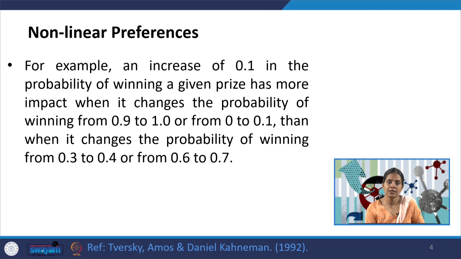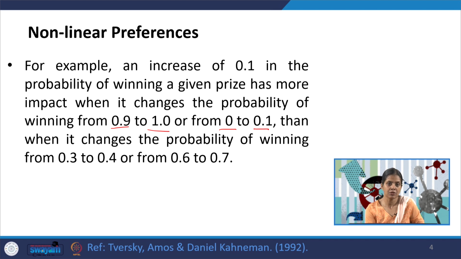For example, an increase of 0.1 in the probability of winning a given prize has more impact when it changes the probability of winning from 0.9 to 1 or from 0 to 0.1 than when it changes the probability of winning from 0.3 to 0.4 or from 0.6 to 0.7.